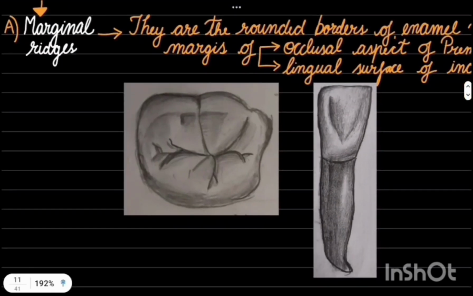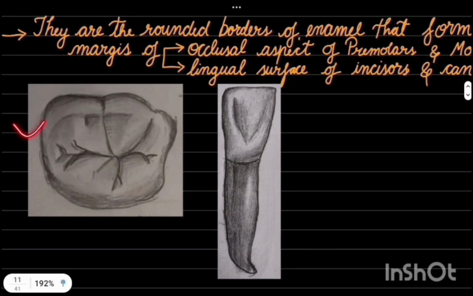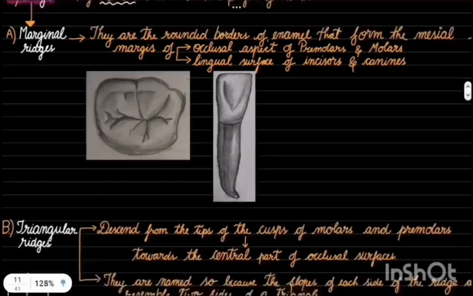Now tooth has 2 margins, one is the distal margin and one is the mesial margin. So we will have the distal marginal ridge and the mesial marginal ridge. This is from the occlusal aspect. Similarly, from the lingual aspect of anterior teeth, we have mesial marginal ridge and distal marginal ridge.